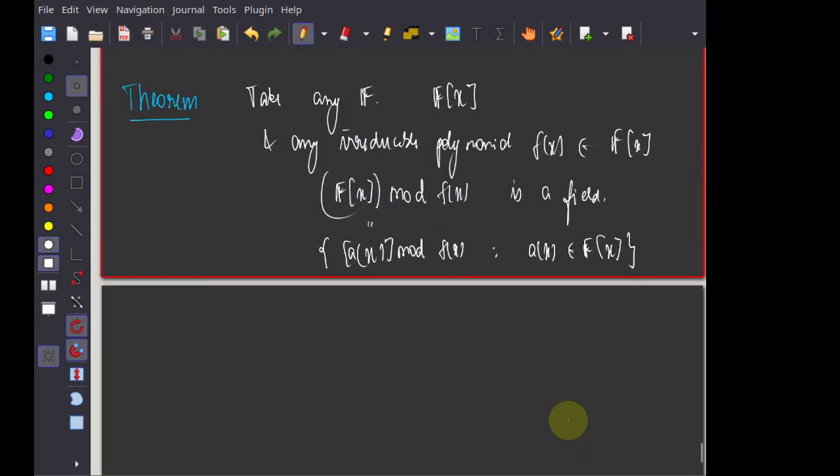So let's first try to prove this. The proof is fairly simple, given all that we have so far. And then we'll try to construct some fields. So what do you need to show? What do you need to do in order to show that this is a field?